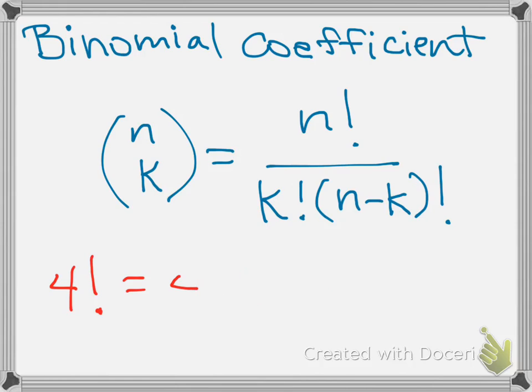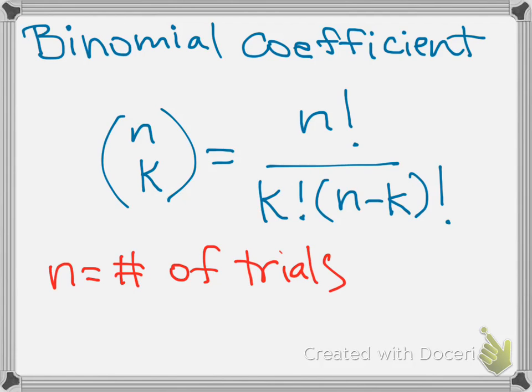So that's how you would find the n factorial, the k factorial, and the n minus k factorial. Now let's talk just quickly about this combination notation. Again, remember that n is the number of trials, and k is our number of successes.